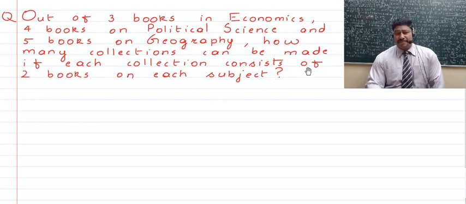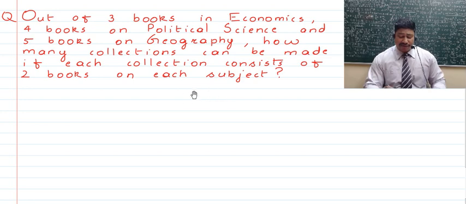Now here, children, remember that collection is another synonym of combination, and in collection obviously the order won't be important, right? So here, as each collection is to have 2 books on each subject, we will now be choosing 2 books on economics from 3 books of economics, 2 books on political science from 4 books of political science, and from 5 books of geography we will be selecting 2 books of geography, right?